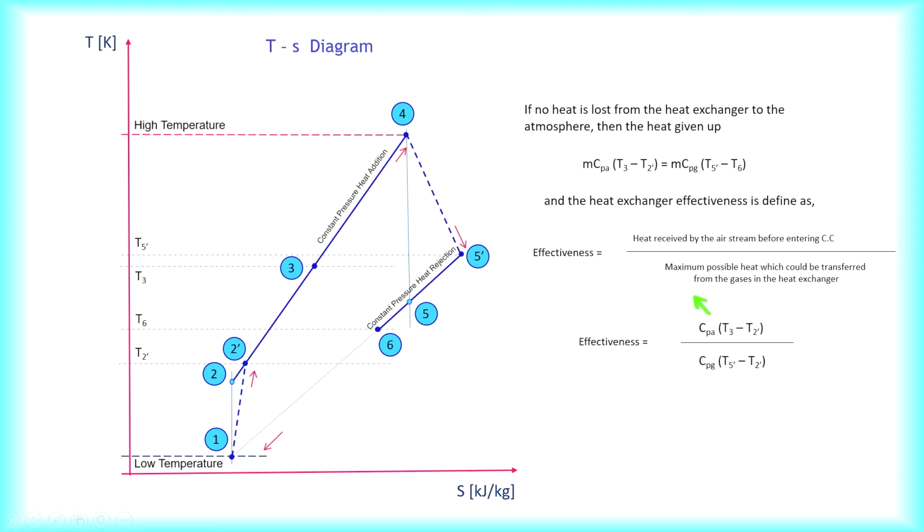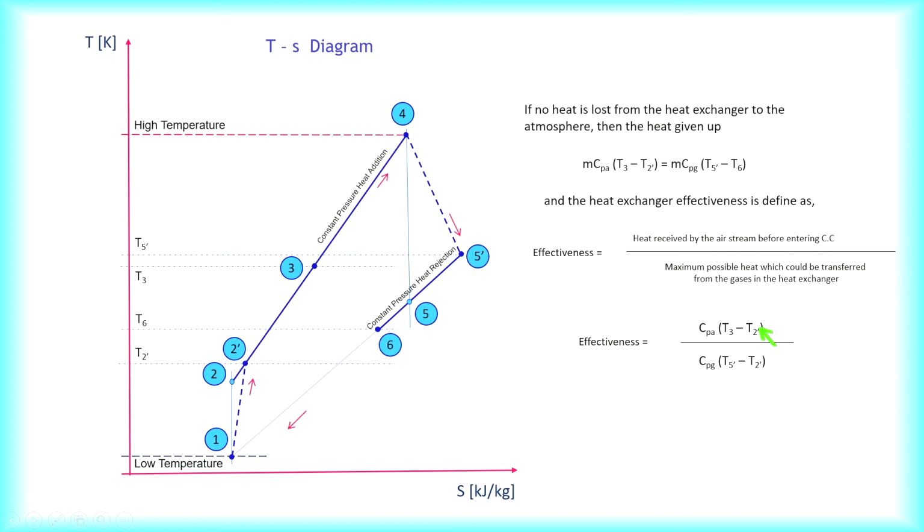In general, the effectiveness would be CPA times T3 minus T2 prime. That is the temperature difference in the air stream in the regenerator. This one is before it goes into the regenerator. This is when it comes out of the regenerator. This refers to the air stream.